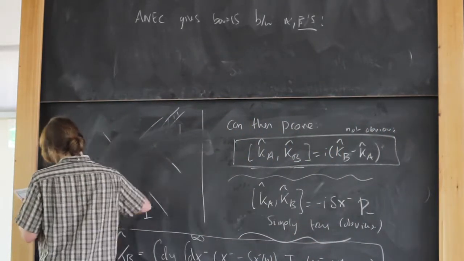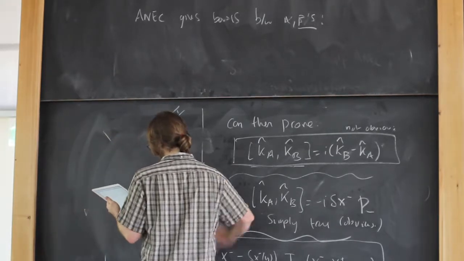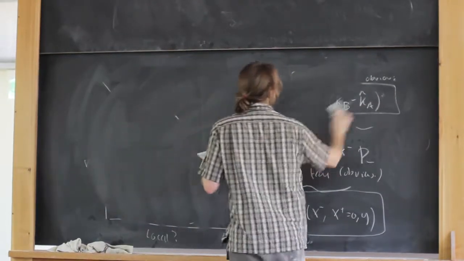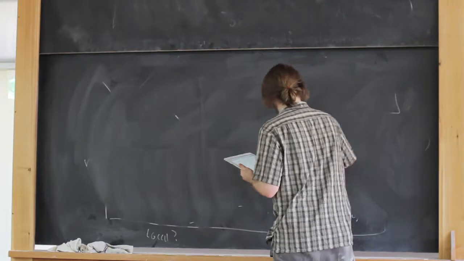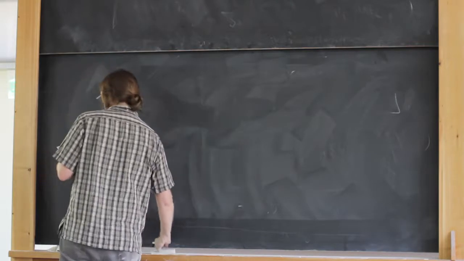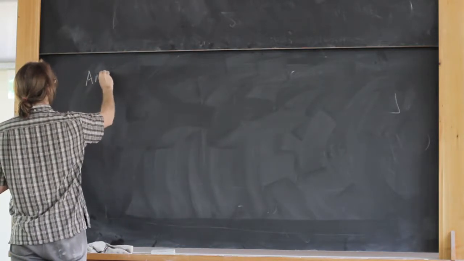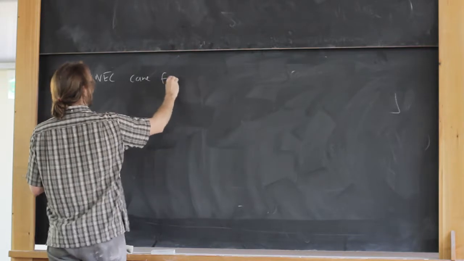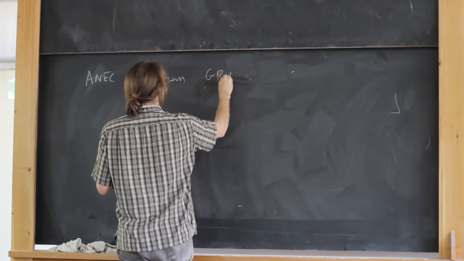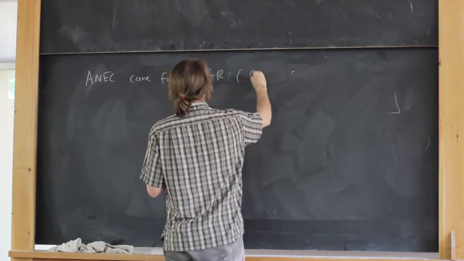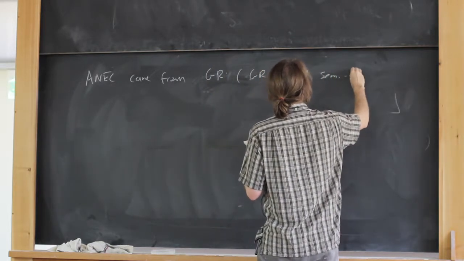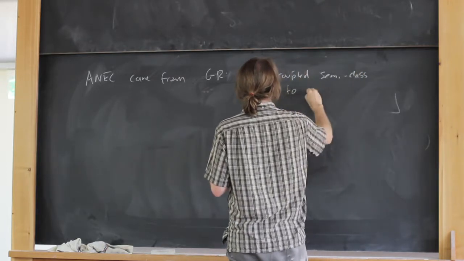One thing that's a little bit funny is that the ANEC is interesting and non-trivial in flat space, but it really came from gravitational physics, from thinking about general relativity, in particular general relativity coupled, say, semi-classically to quantum field theory.